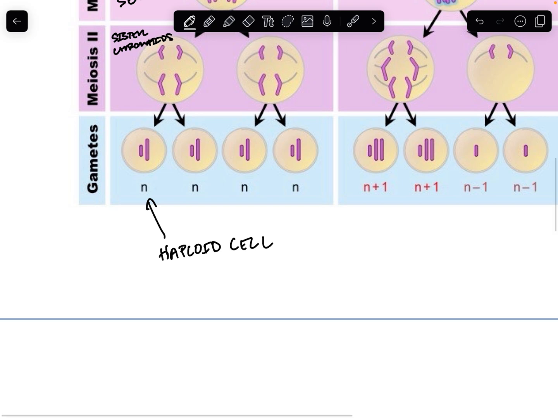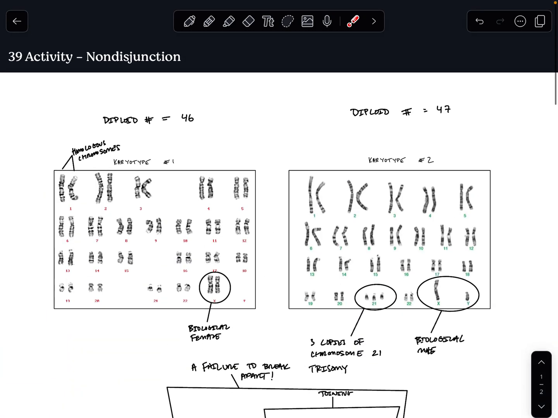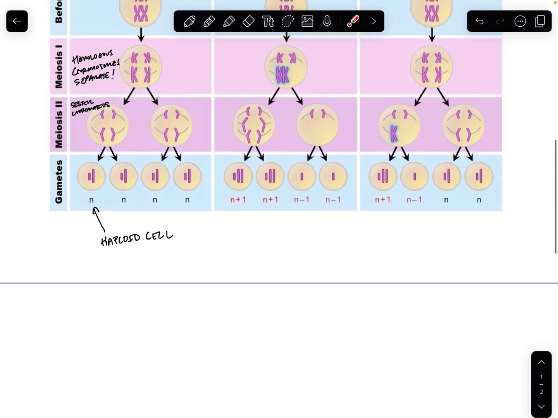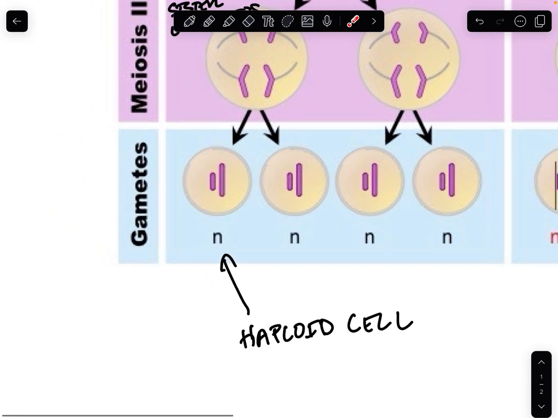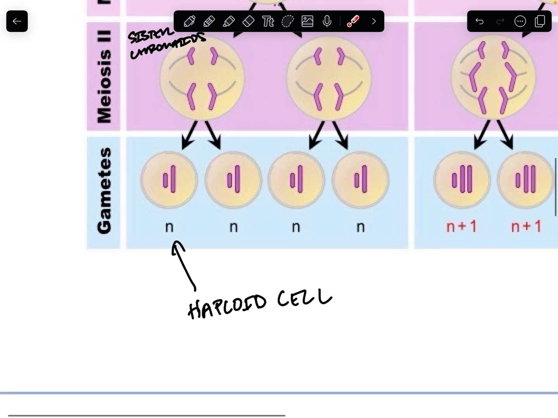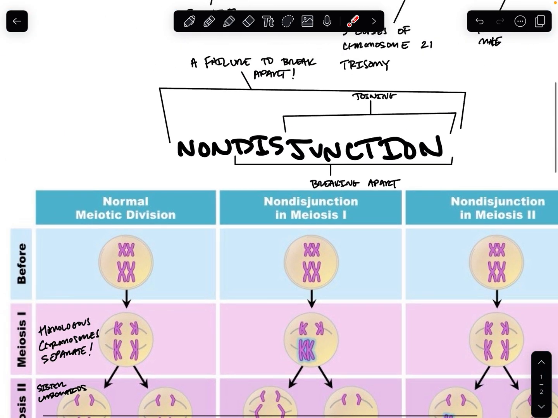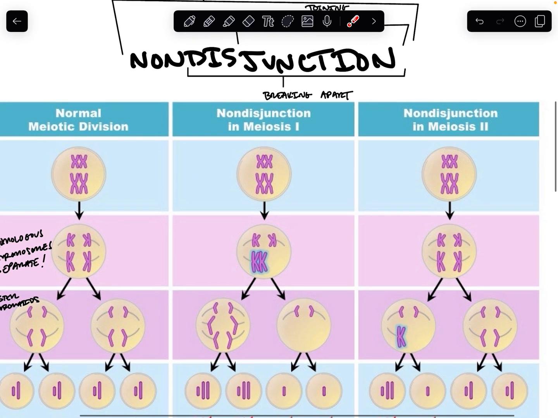And when a haploid cell joins with another haploid cell, then you get the 2N, which is our diploid number right here, 46. So in a human, we would see 23 chromosomes in each of the gametes, and when an egg fuses with a sperm, we would get a total of 46.